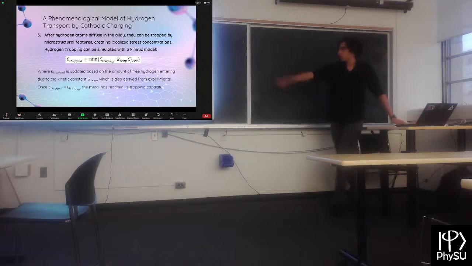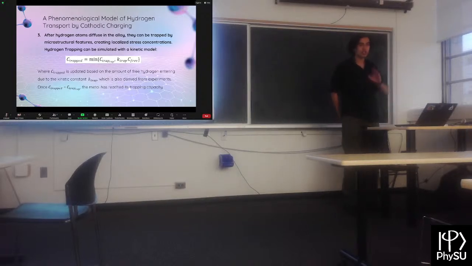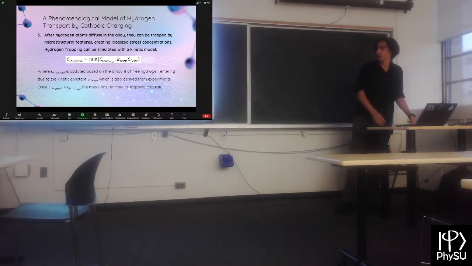And as you can see here, if the amount of trapped hydrogen reaches the trapping capacity, then no more hydrogen can be trapped. It reaches the capacity and it should be plateauing, right?